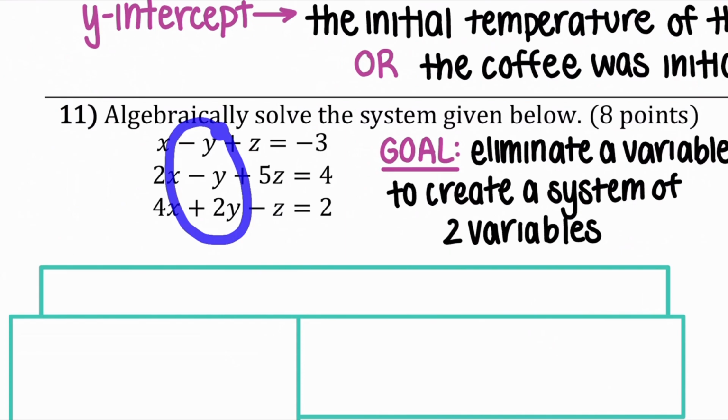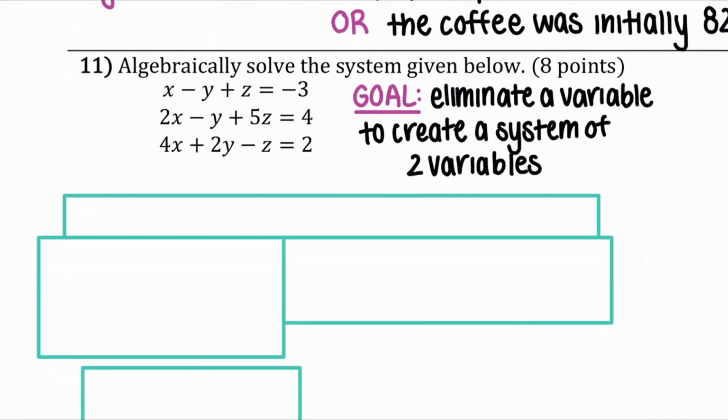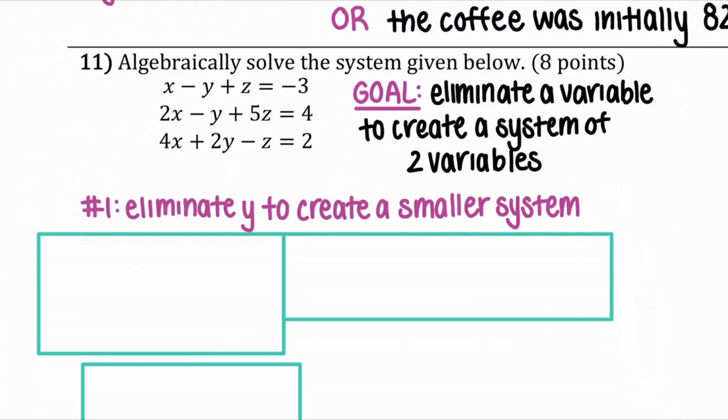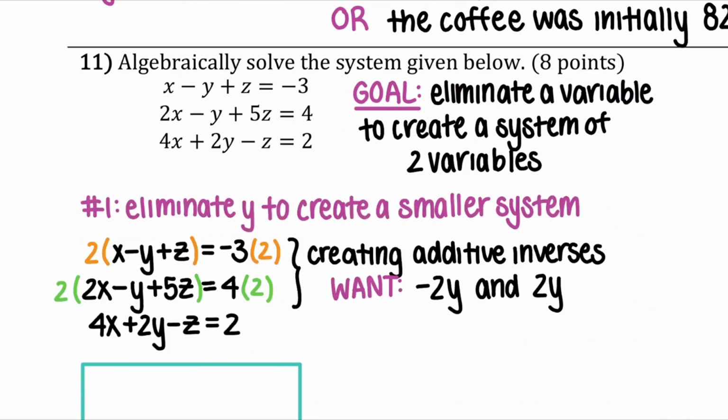And so from here, I'm personally going to choose to eliminate the y's because what we see already is that we have a positive 2y, and in order to use elimination, we want to create additive inverses. So we need a positive 2y and negative 2y's. So we can just simply multiply the first and the second equation by 2 to create those additive inverses. So that's what I'm going to choose to do here.